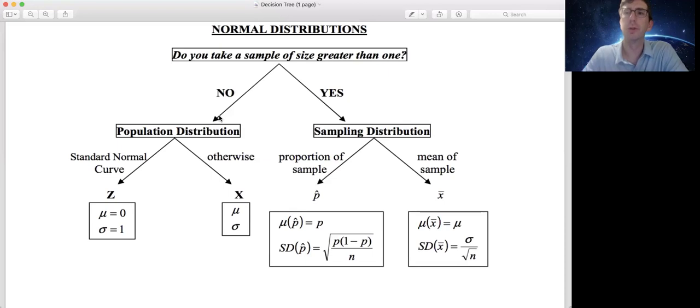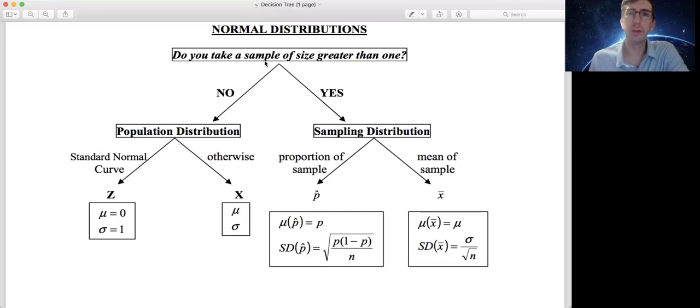So if you're asked for, what is the probability that a monkey in your zoo lives less than 20 years, or what's the probability that one person selected has an IQ score of greater than 120, right?